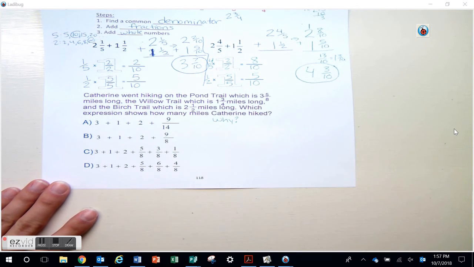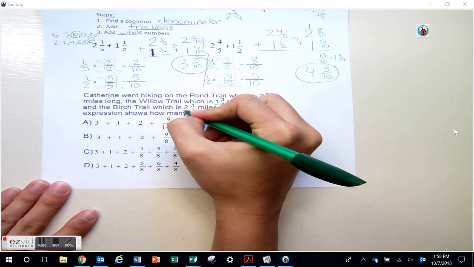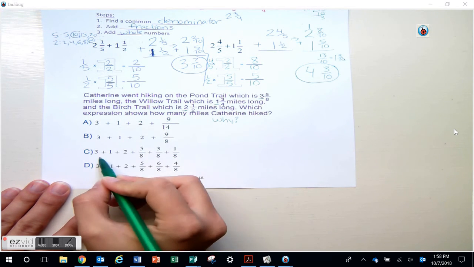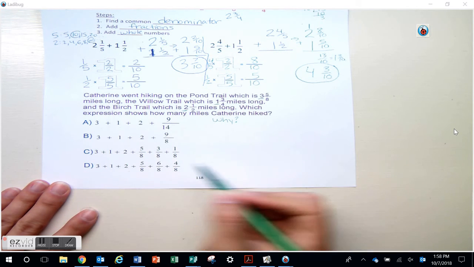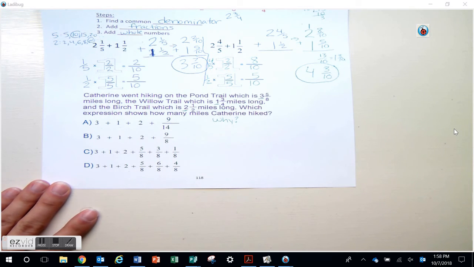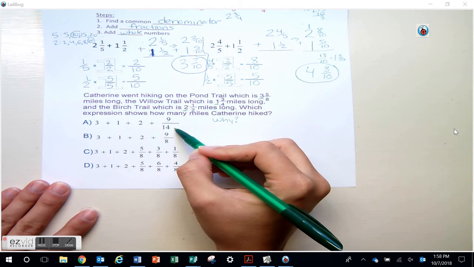Okay, so I'm looking and I see 3, 1, and 2. So the whole numbers are not going to help us. Let's look at the fraction pieces. Here we have 9/14, which I'm not sure, but maybe that's what they add up to be.